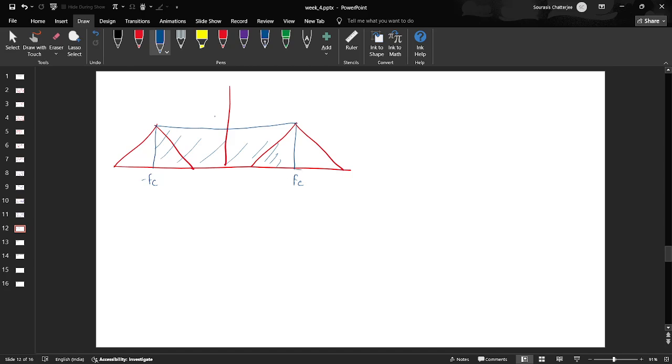So this is my filter for lower sideband. And in case I need the upper sideband, I'll just use this.